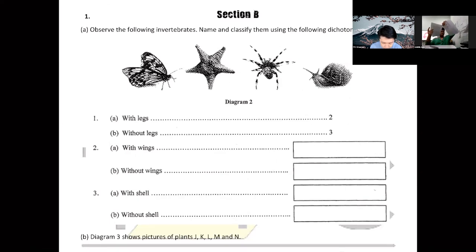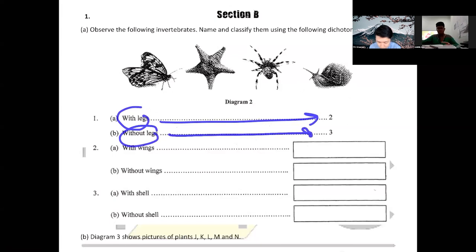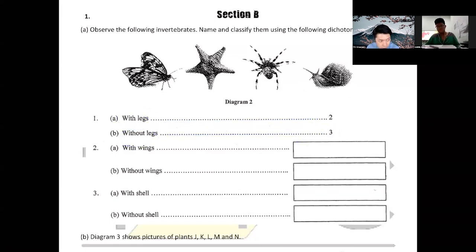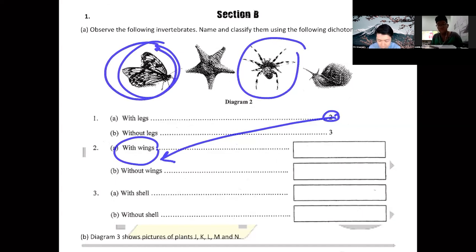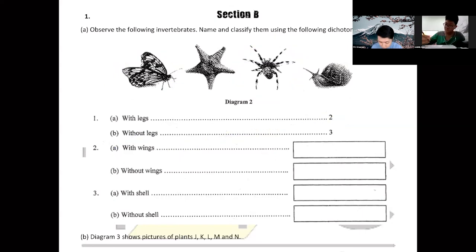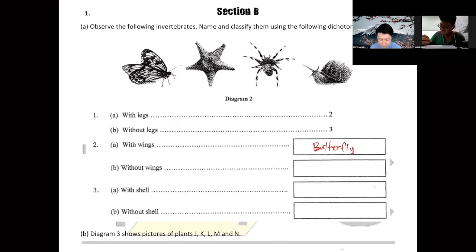So actually quite straightforward. All right. So like here it says, with legs, go to number 2. Without legs, go to number 3. Okay. So with wings, number 2 from here. With legs, this one, right? So out of this one and this one that I circled for you, which one has wings? So obvious, that will be the butterfly. Okay, all right.